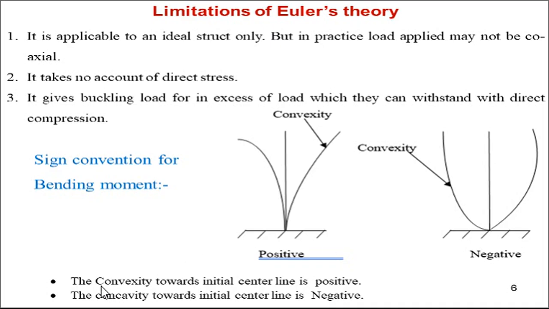So here it is written that convexity towards the initial center line is positive and concavity towards the initial center line is negative. Means in the first figure, if the shape is like this, it is taken as positive, and in the second figure, where the shape of the bending or buckling is like this, you have to take a negative sign. So these are important sign conventions for the bending moment when stresses are developed in the columns.